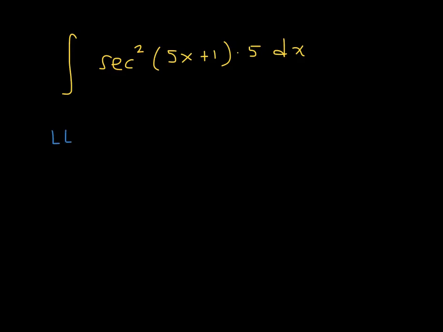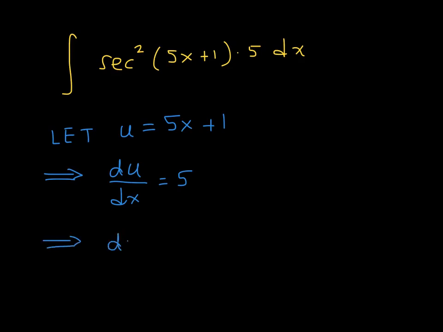My instinct says let u equal 5x plus 1. Now, that would imply that du dx is equal to 5. That would imply that du is equal to 5 dx. Well, that's good because 5 dx is what I have here.